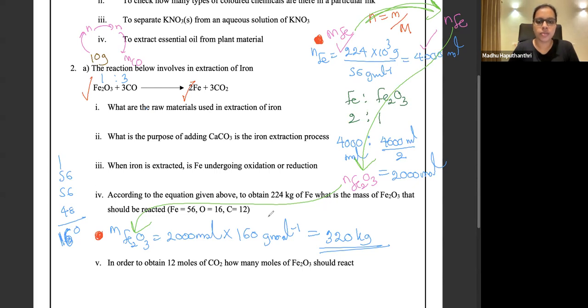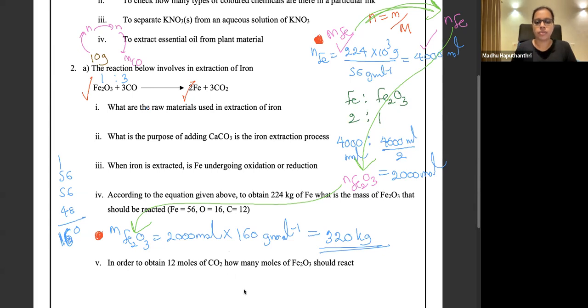Okay. Didn't get it? Right. So the basic point is, mass to mass, you can't directly convert or directly connect. Always go through the number of moles.